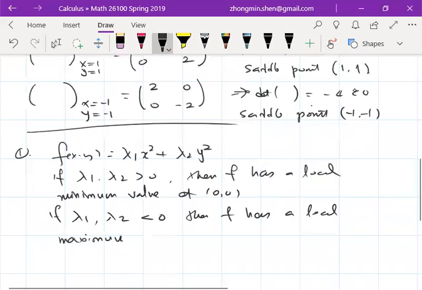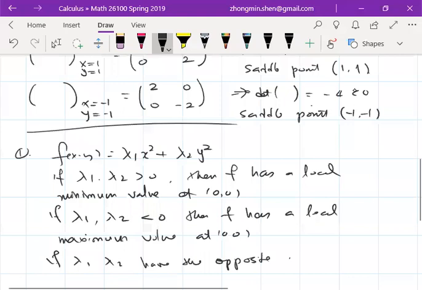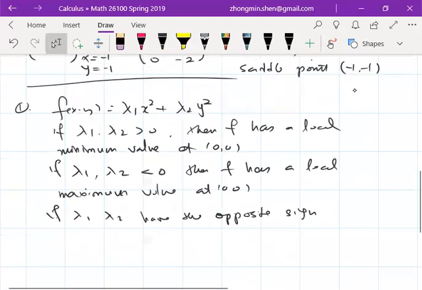So you have a highest point. Okay. Now, if λ1, λ2 have opposite signs, one is negative and the other one is positive, then the graph at the origin looks like a saddle point. Okay. Then (0, 0) is a saddle point.